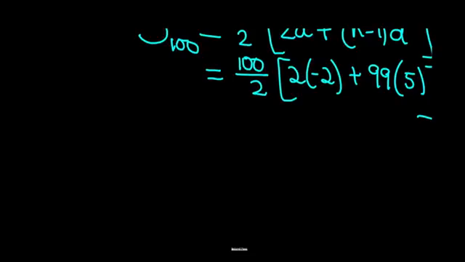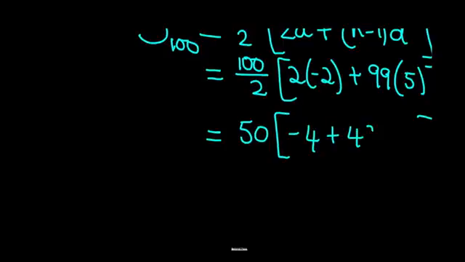So we can now say, if I add up all those 100 terms, adding minus 2, 3, 5, 8, etc., then I'm going to get 50 multiplied by negative 4 plus our 495. So that would be 491.